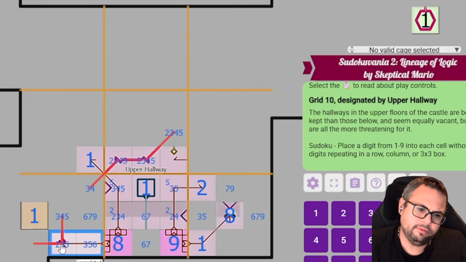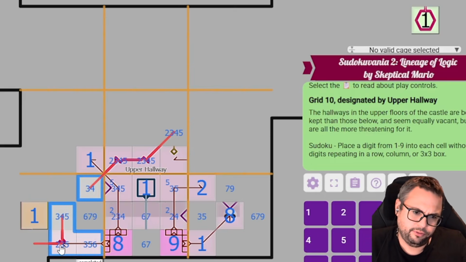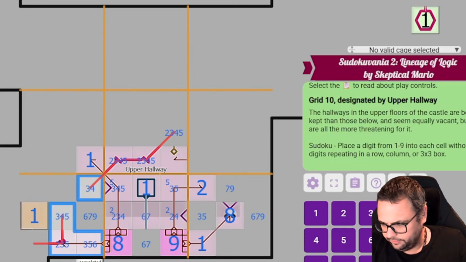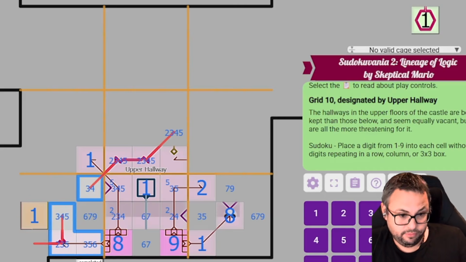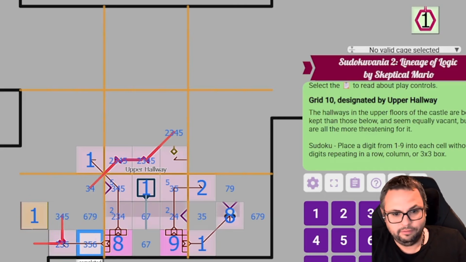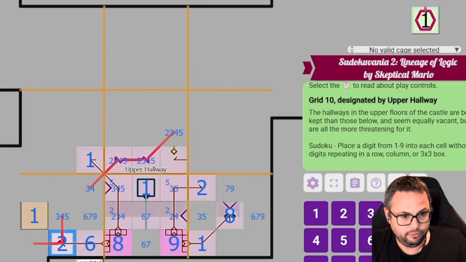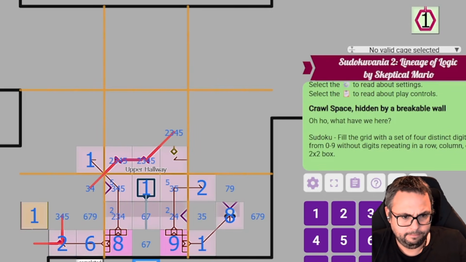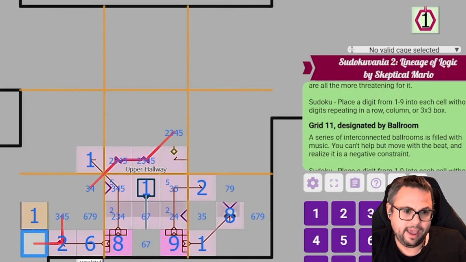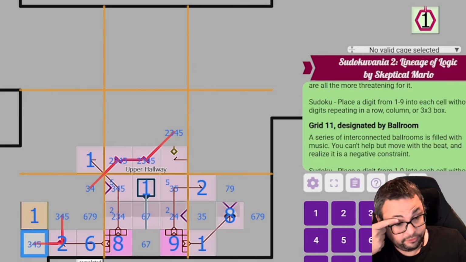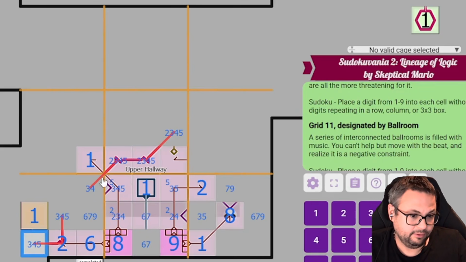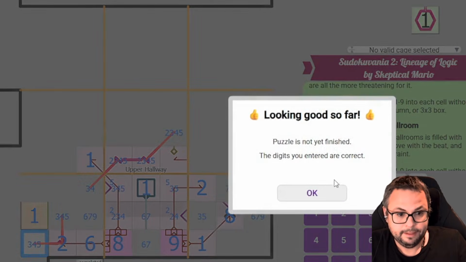This arrow can't be 3, 5, because that would put 3, 3, 4, 5s in the box. Sorry, it would put 4, 3, 4, 5s in the box. So in fact, this has to be 6 and 2. Oh, in fact, the easier way to do that was to note that this was also a 3, 4, or 5. Well, it was a 2, 3, 4, or 5, and notice this, but now it's a 3, 4, 5, right?